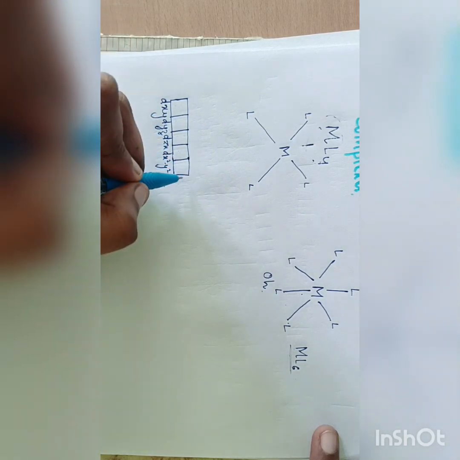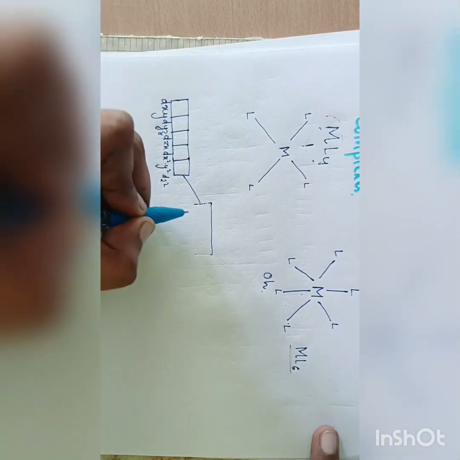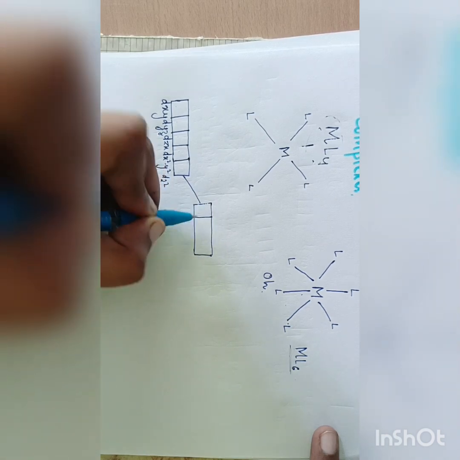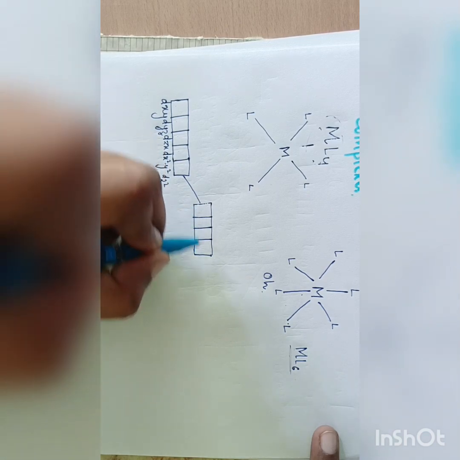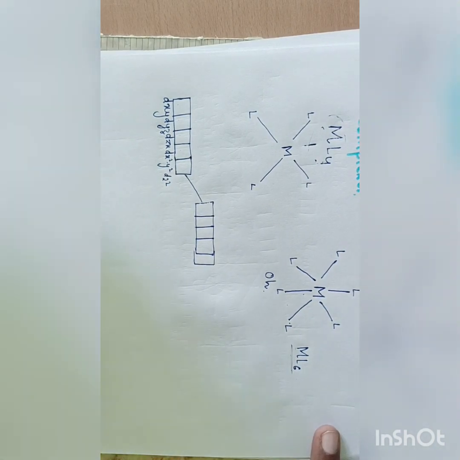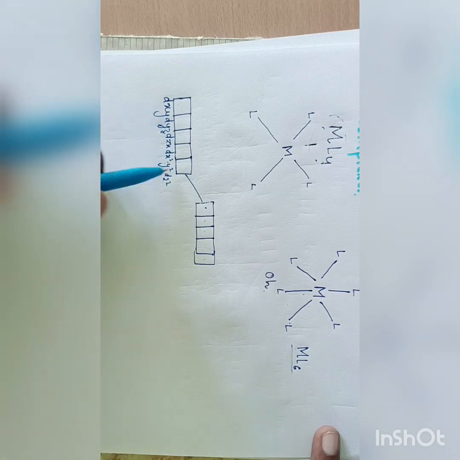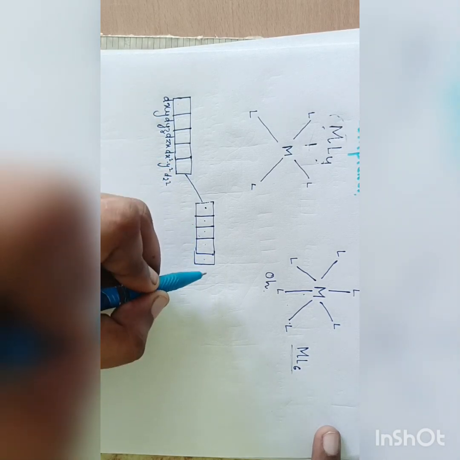Again, when the metal feels that the ligand is approaching, their energy somewhat increases. So these degenerate orbitals have a slight increase in energy. This is 1, 2, 3, 4, 5. All these orbitals have a slight increase in their energy.